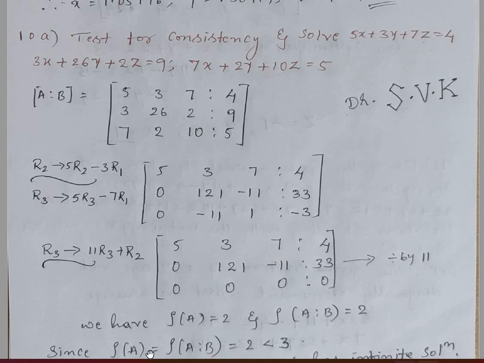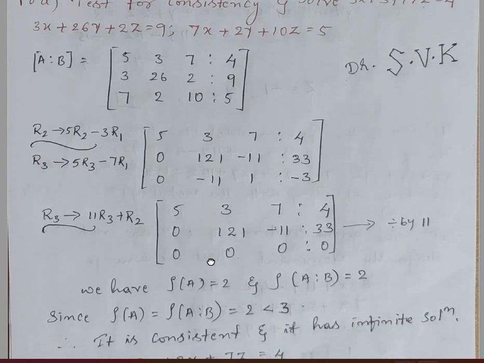Therefore, I will define that as rank A equal to rank of the augmented matrix is 2, which is less than 3. 3 means what? x, y, z, that is the unknowns. So the rank 2 is less than the number of unknowns. Then the solution is defined as infinite solutions.